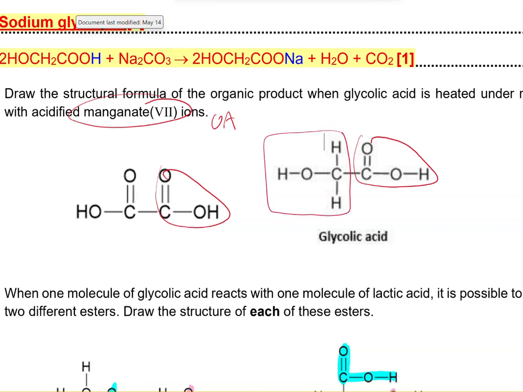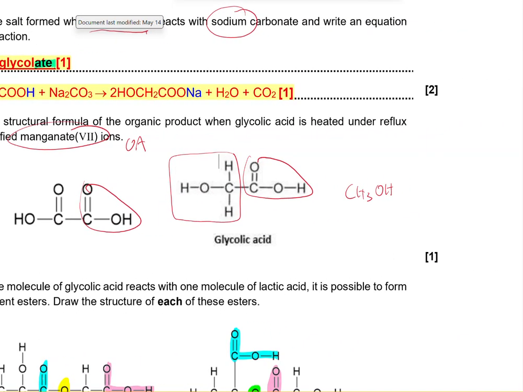Now remember, if you have an alcohol, for example methanol, CH3OH, it looks like this. When you oxidize it to an acid, what do you do?